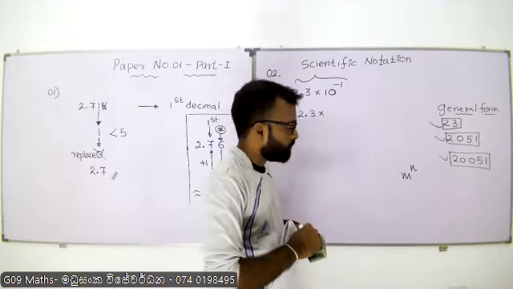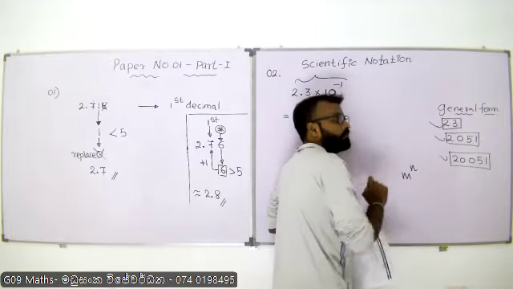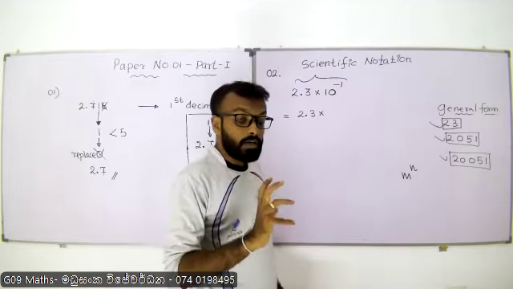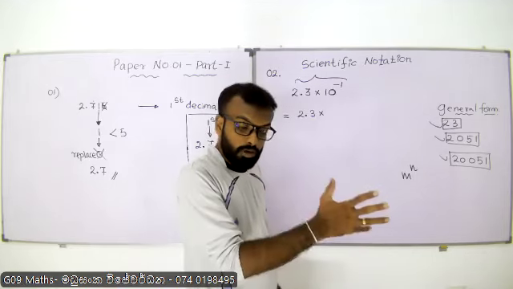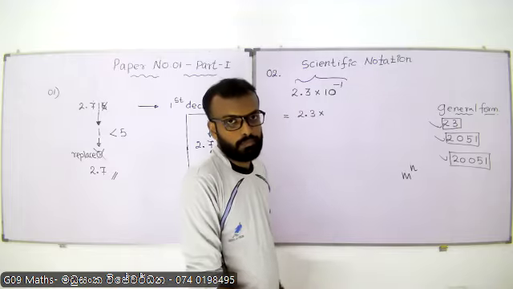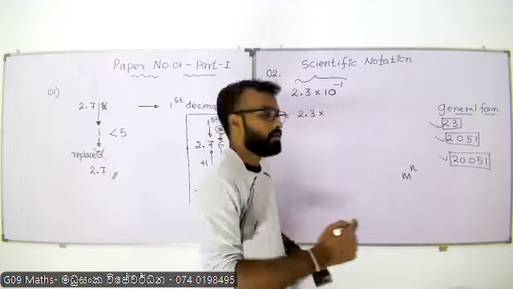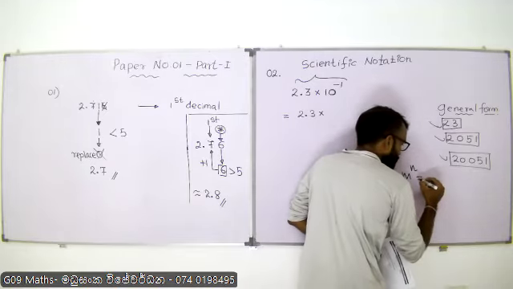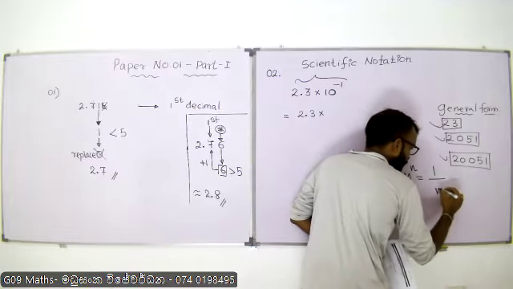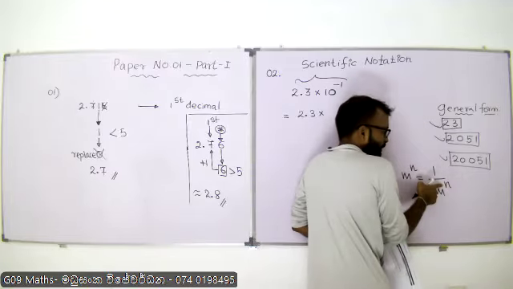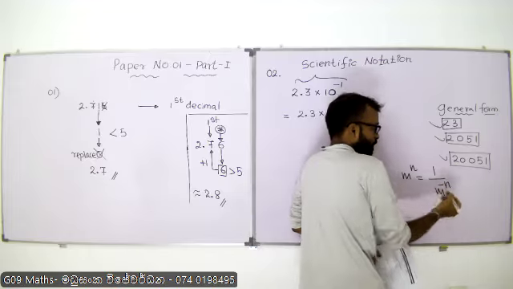This is the positive power. You can convert that positive power into a negative power as well. How? By taking the reciprocal of that. So m to the power minus n equals 1 over m to the power n.